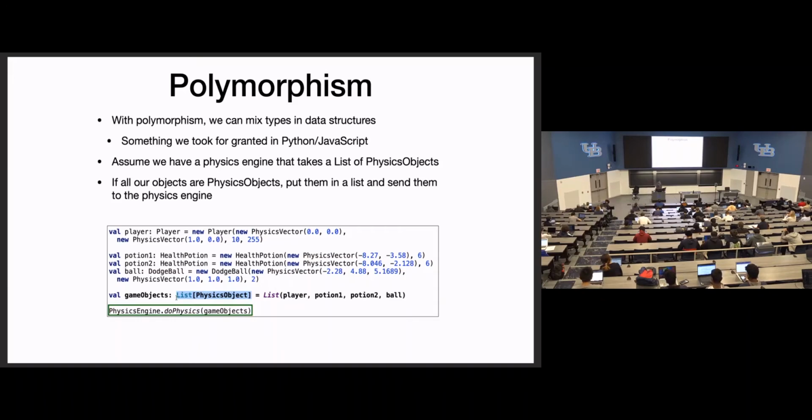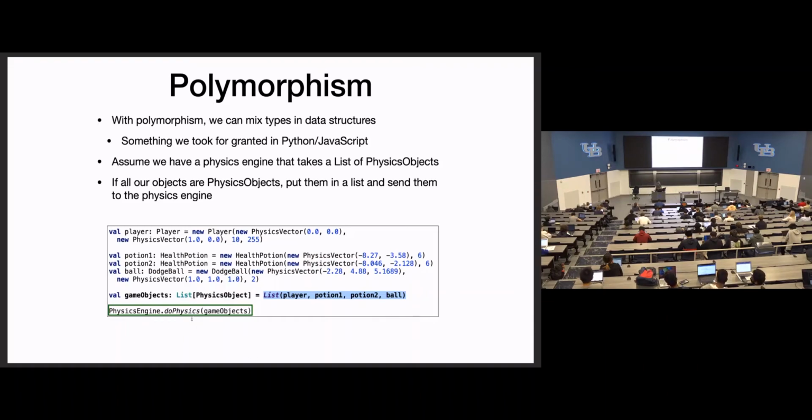So we create a list of type physics object and throw all those 3 different types inside that list. We can mix and match these types. Any type that directly or indirectly extends or inherits physics object, we can stuff in this list.